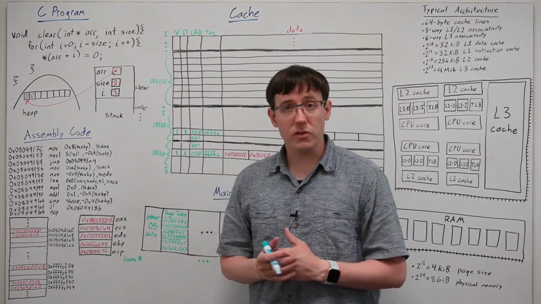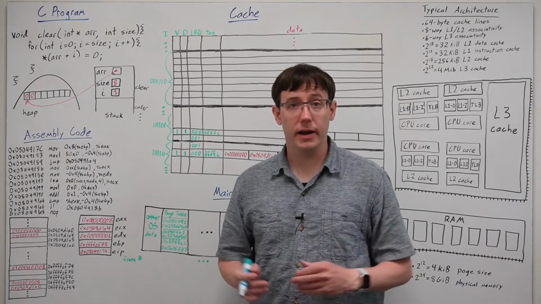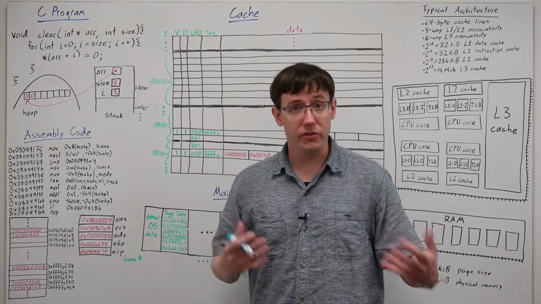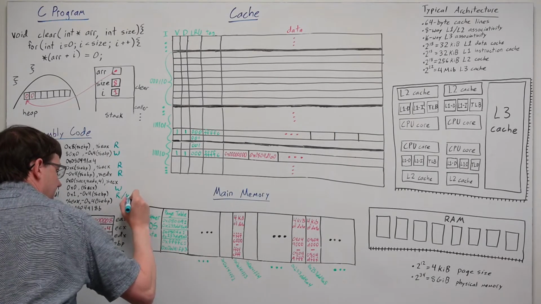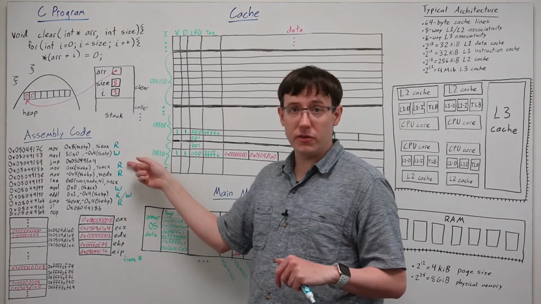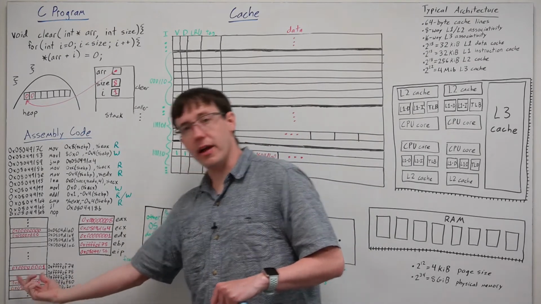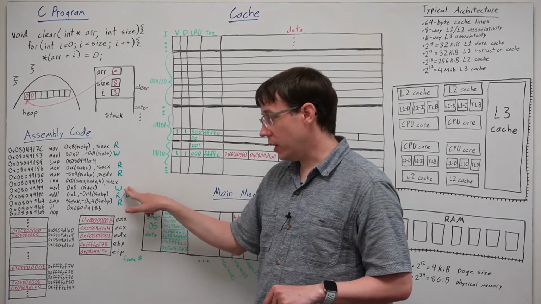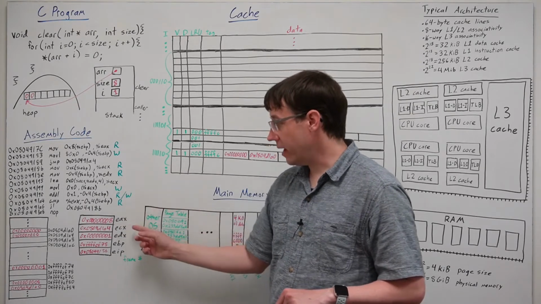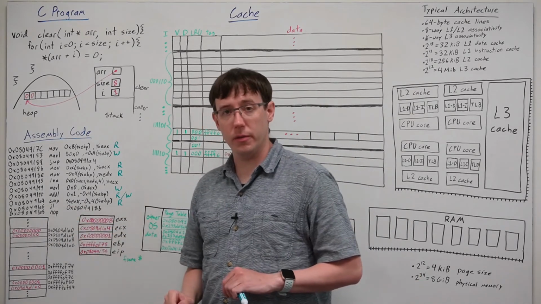So within this assembly code, we can identify a number of memory reads and writes, where for some of these operations we are retrieving a value from memory into a register, and for others we are putting a value into a memory location.